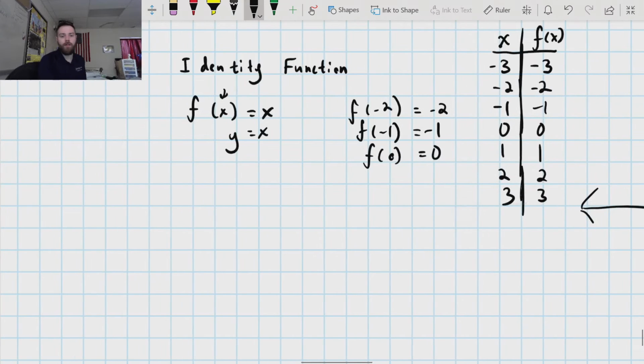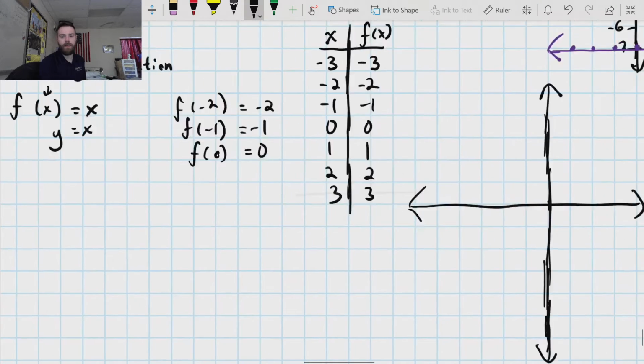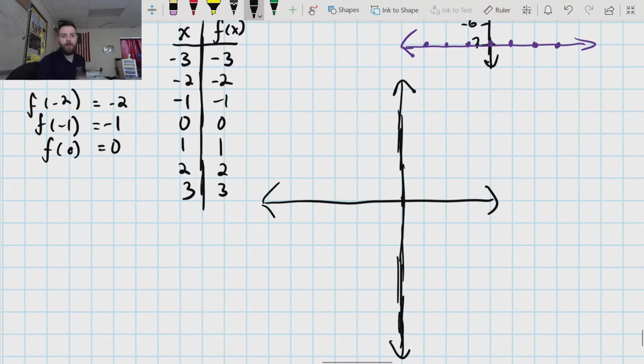So I know that when I look at f of x equals x, I get this line that we're about to draw. Personally, because I've practiced this, and of course I have a degree in this stuff, but it doesn't take a degree to be able to graph these functions and understand what they look like. So symbolically, once you start to get a hang of this and you start to see these functions and memorize these functions, you do get to start to get a feel for what the function looks like.